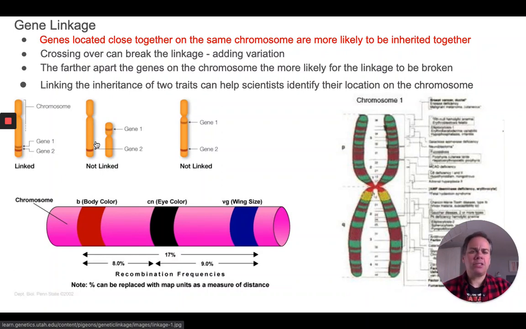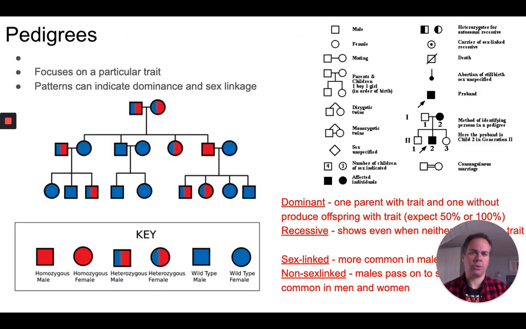Scientists use this concept to map out where different genes are located on these chromosomes. They did that by looking at how often these traits recombine with each other, and that can be used to map where on the chromosome they are located.